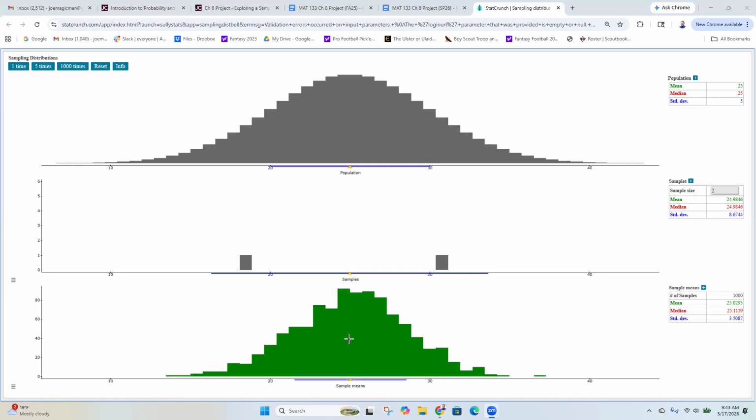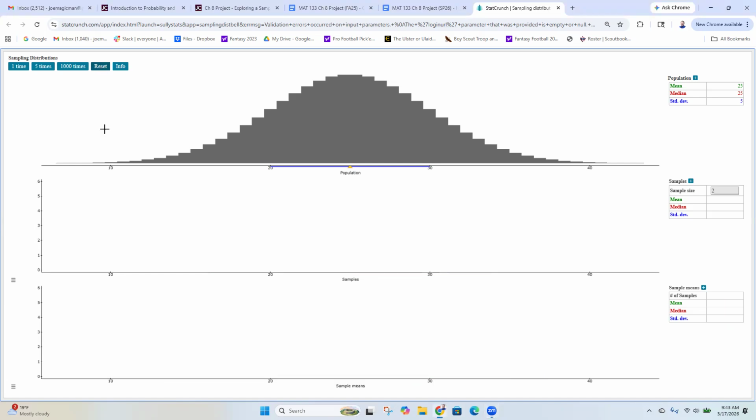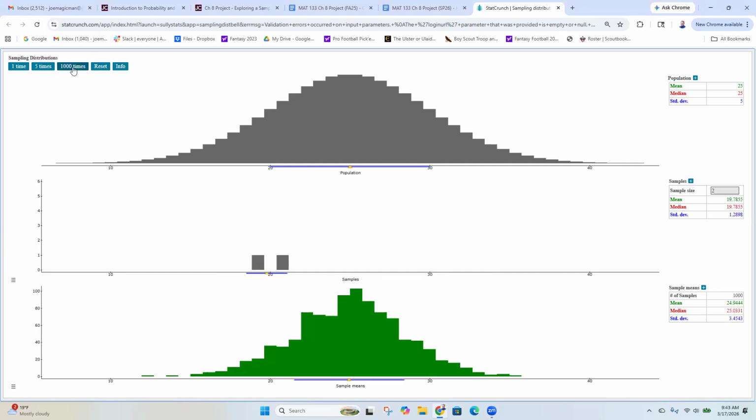So I'll say again what I need you to do. I need you to hit reset so that everything's blank, and then hit 1,000 times, and that's it. And then over here on the right, we're going to record the mean, median, and standard deviation into our project.